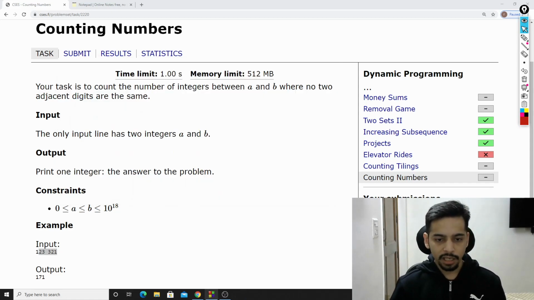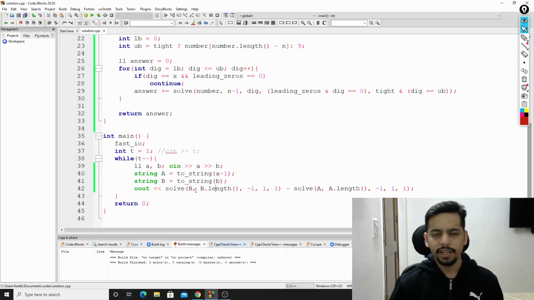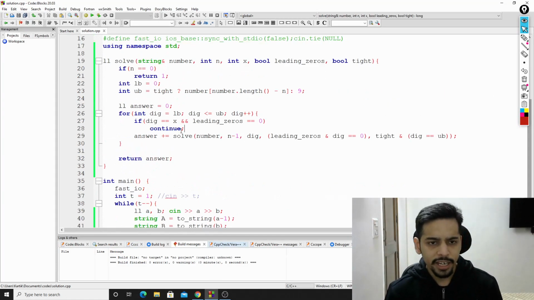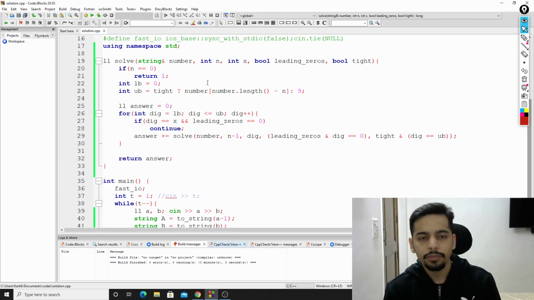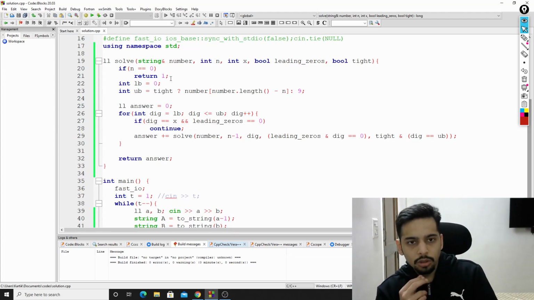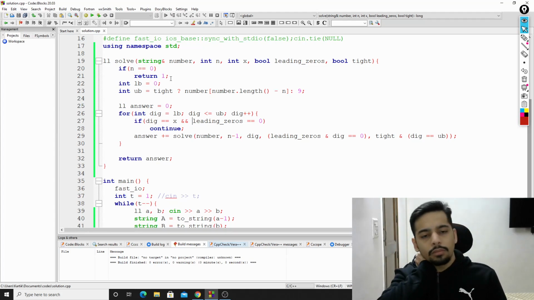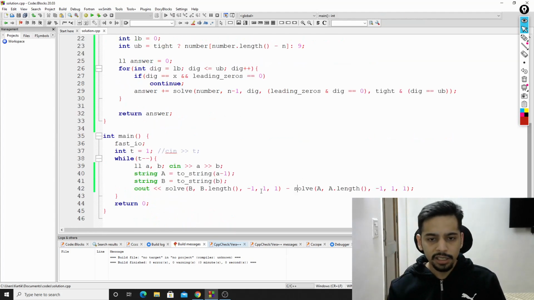Okay, it's an incorrect answer. I'm quite proud that it didn't give me a very, very incorrect answer, but it's fine. Let me see what could be the problem. If n equals 0, return 1, you have generated a number, that's okay. And you subtract these here, that's also okay.